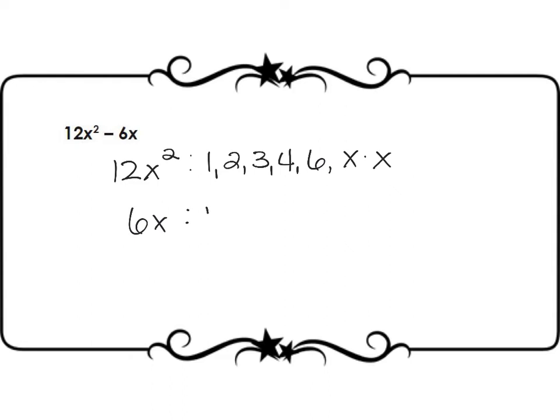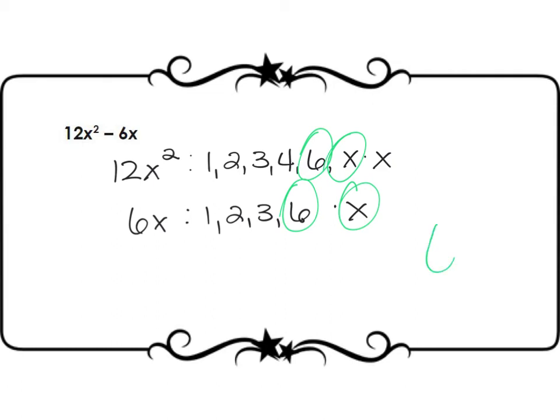For 6, we would have 1, 2, 3, 6 times x. So when I get into circling, it looks like 6 is the largest value and 1x. So when I multiply those together, I end up with 6x as my greatest common factor.